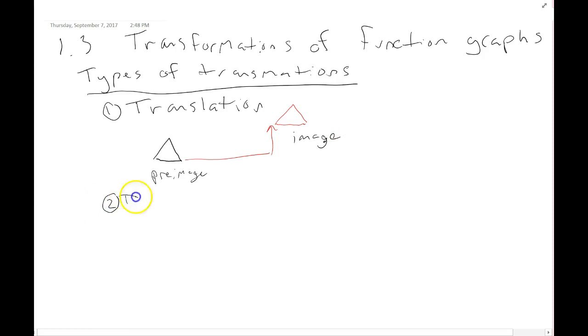The next kind is a dilation. So for a dilation, what you did is you started with your pre-image, and then that pre-image, depending on where you centered your dilation, might have expanded it. So you're keeping the same proportions.